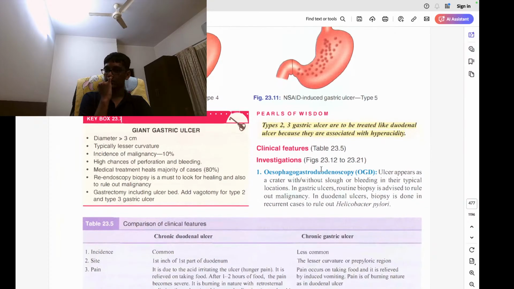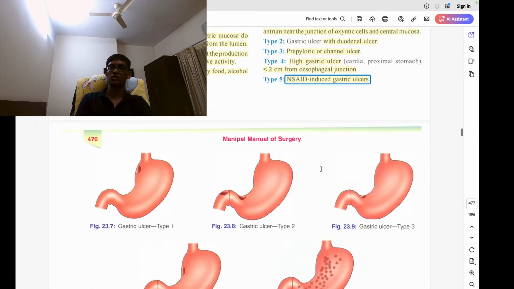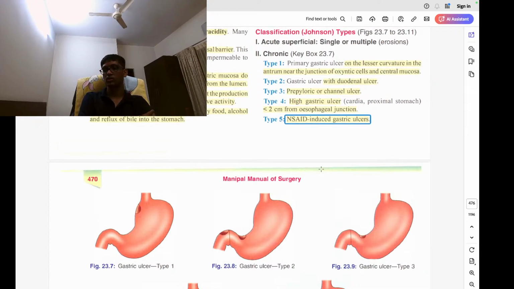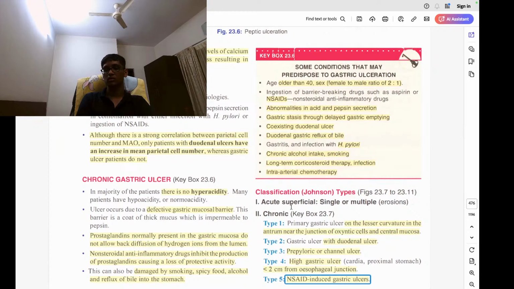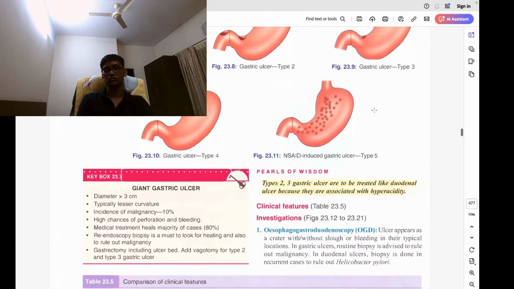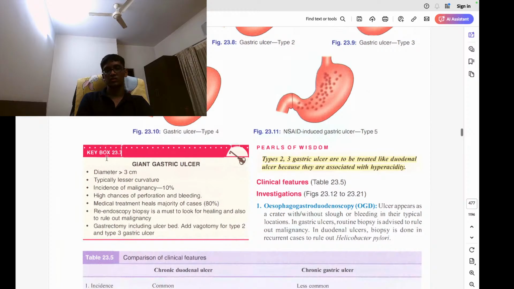Giant gastric ulcer is one with a diameter of more than 3 cm. Generally it is a commercial symbol of multiple erosions. Diameter more than 3 cm, typically on the lesser curvature. Malignancy is 10%.